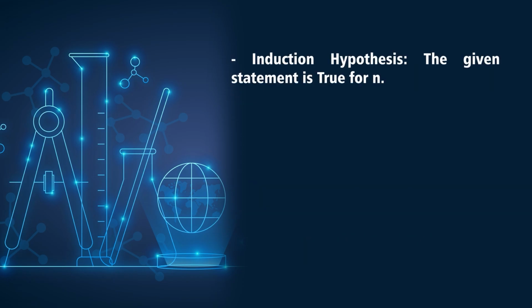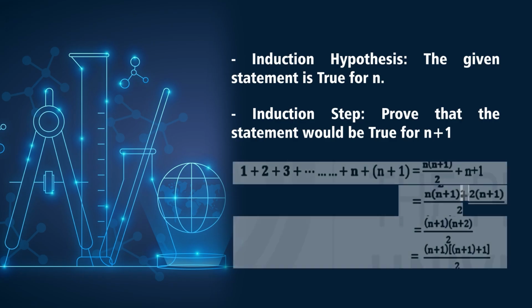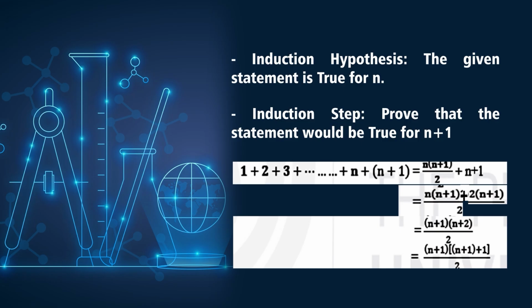Now, let us do the induction hypothesis, and we assume that the given statement is true for a value n. And the induction step is, now we need to prove that the statement would be true for n plus 1. So, the statement basically goes like this.